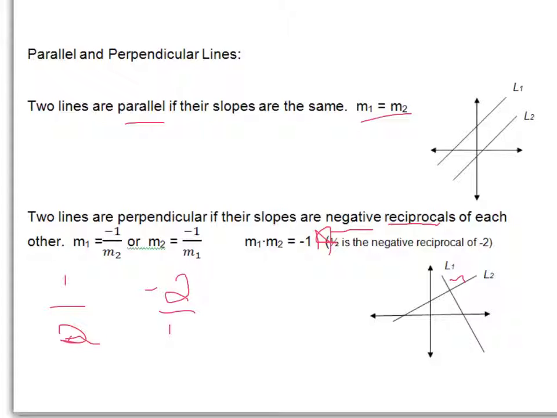We're not really in the habit of writing 2/1 or any whole number over 1, so we just would write that as -2. So -2 is the negative reciprocal of 1/2, and 1/2 is the negative reciprocal of -2. So let me erase that ugliness.